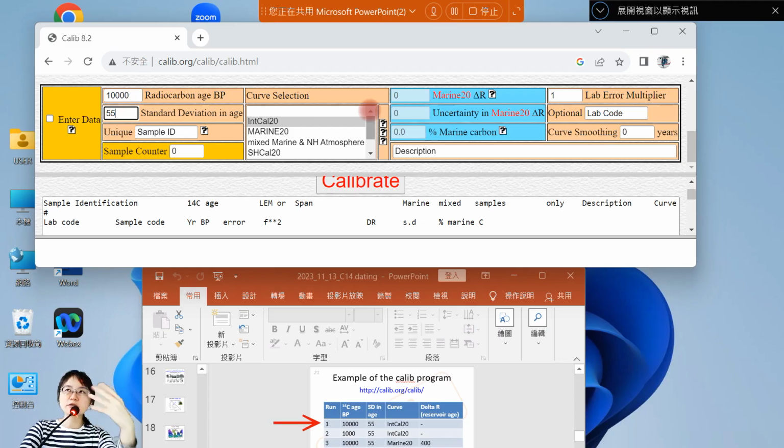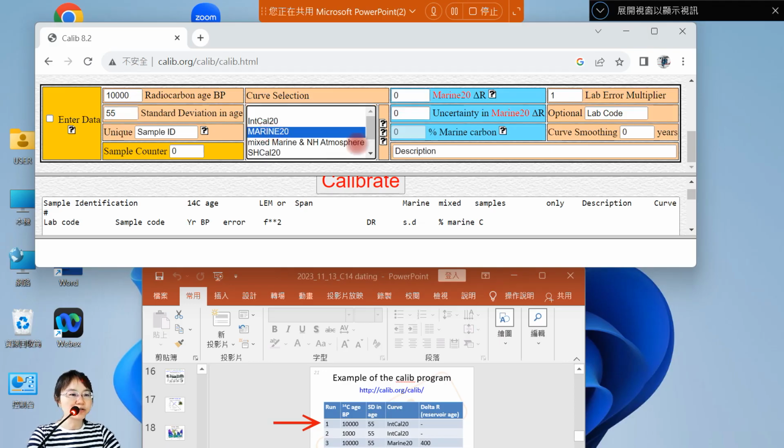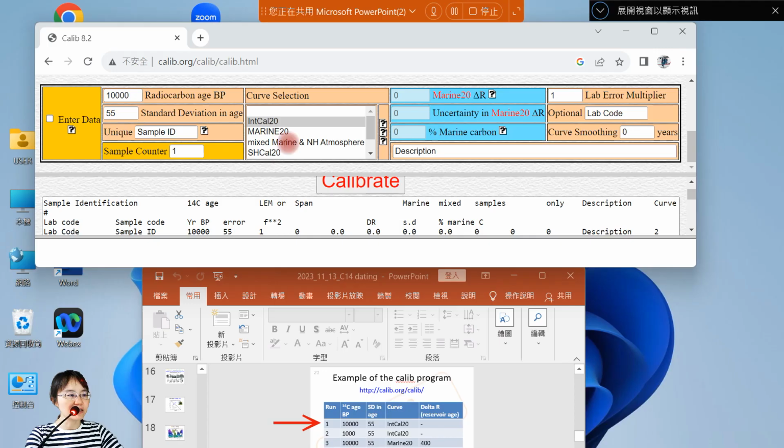Scientists have built calibration curves for different materials. This is IntCal20. There is also Marine20 or Southern Hemisphere Calibration 20, and so on. So there are different kinds of calibration curves. And here, try this one, and then click Enter Data.